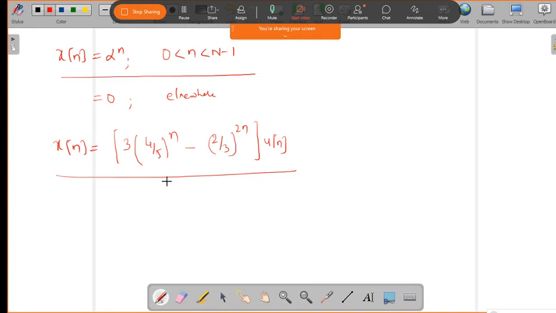So what is the answer for this? Z transform and ROC.